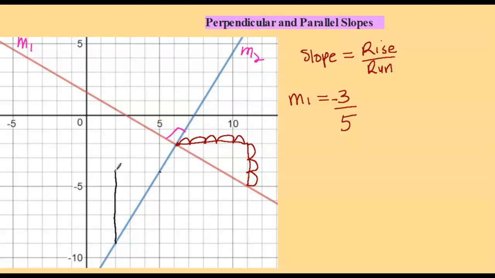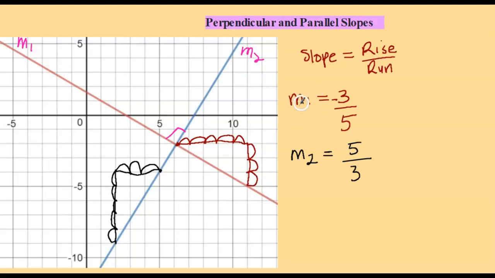We draw our lines here. For our M2, realize that it's rising 1, 2, 3, 4, 5, and it's running 1, 2, 3. This is going up the hill, so it's a positive slope. We leave it like that.